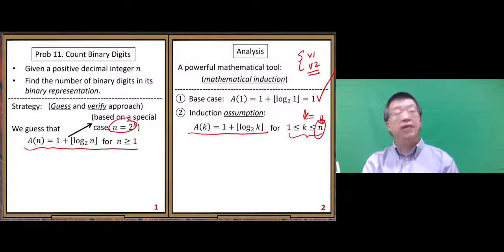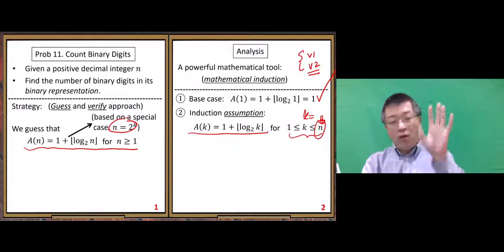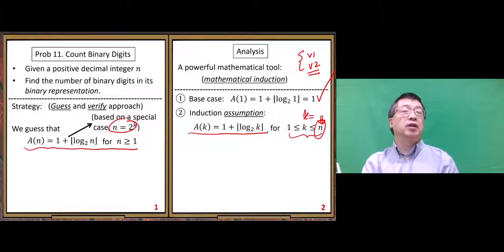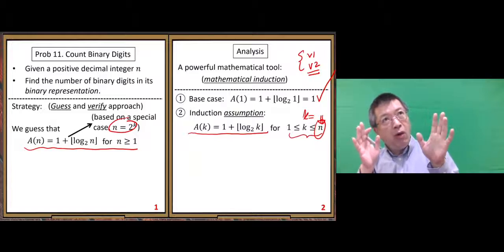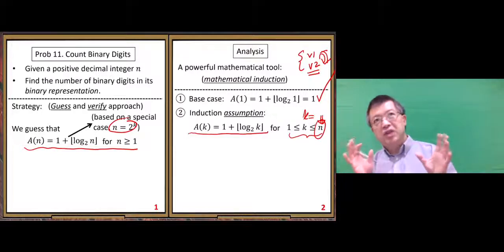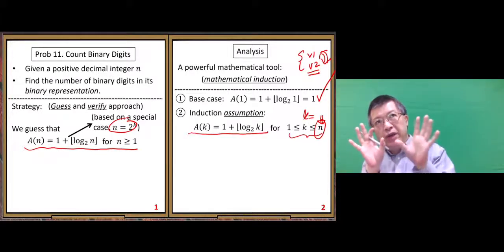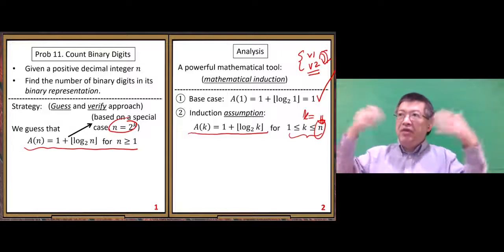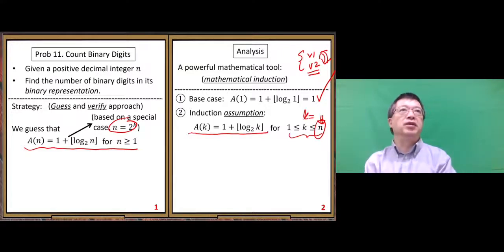But in version 2, we assume a little more, everything between 1 and n. Although we assume a little more, mathematically they are equivalent, both true.